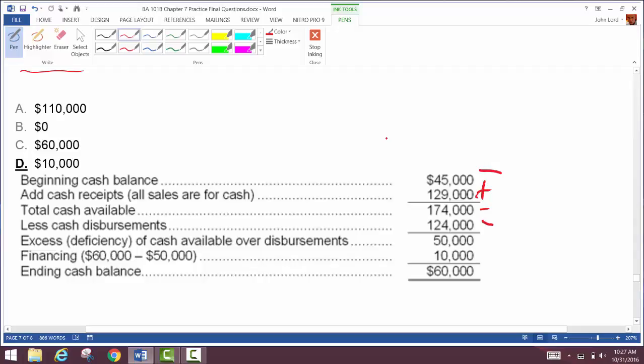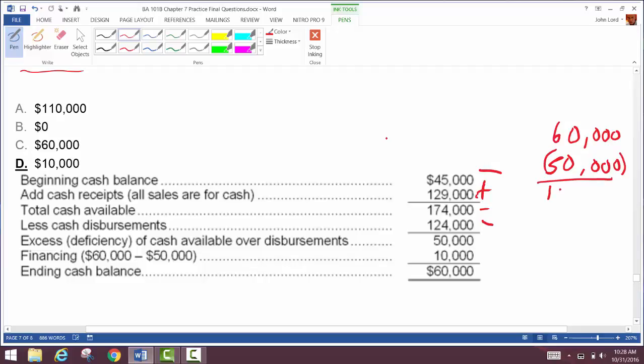So we got 50,000 cash, and the problem tells us we want to end up with what? 60,000? Okay, so I just like to do a little side calculation myself rather than put it all in one table, because it just feels more intuitive to say, well, if I need 60 and I'm going to end up with 50, then I need 10, don't I?